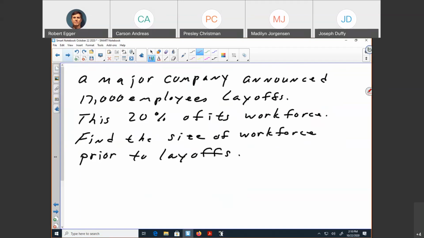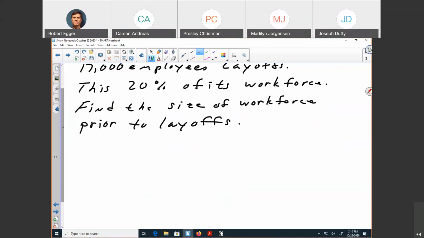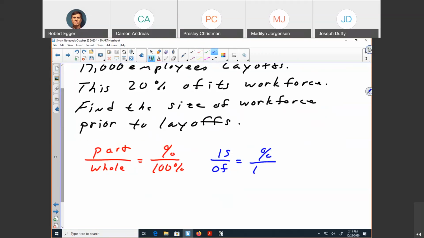And so a quick thing on proportions, on percentages. Basically it's like the part over the whole equals percent over 100. Another way of looking at this is the "is" over the "of" equals percent over 100.